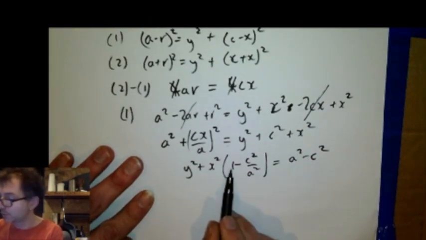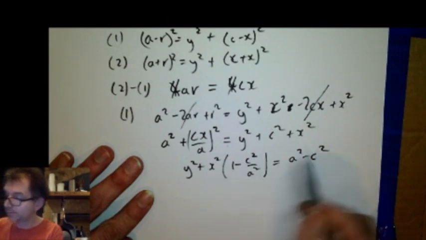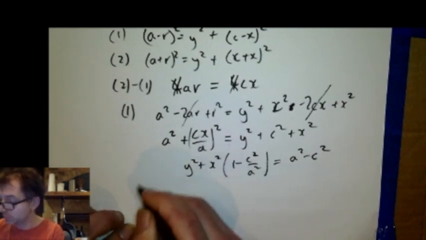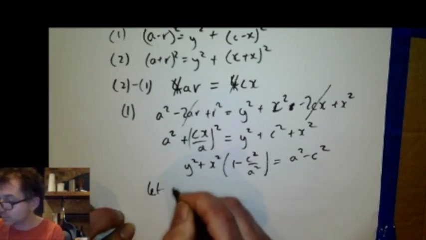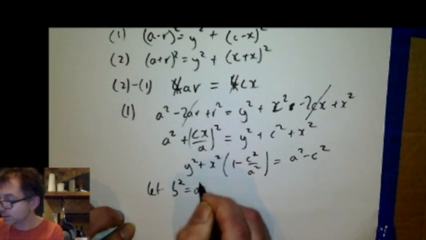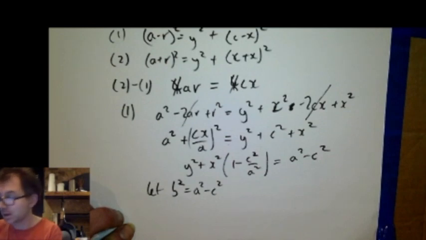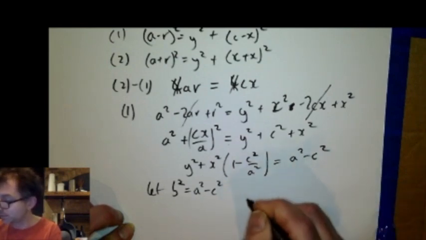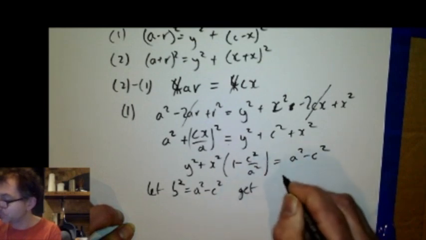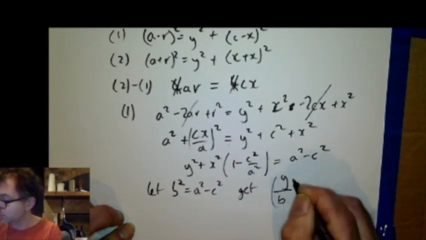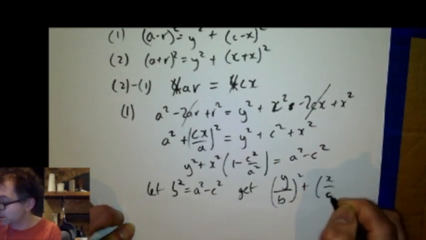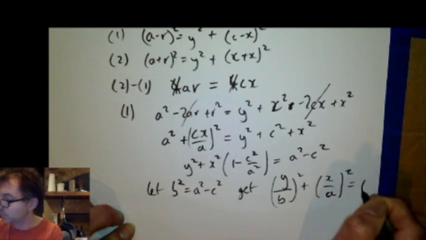Now you can put that over a common denominator of a squared and then divide all through by a squared, and then you'll see that if we let b squared equal a squared minus c squared, which we can do because we know the length a is bigger than the length c, and dividing through by a squared minus c squared, we get y over b all squared plus x over a all squared equals 1.